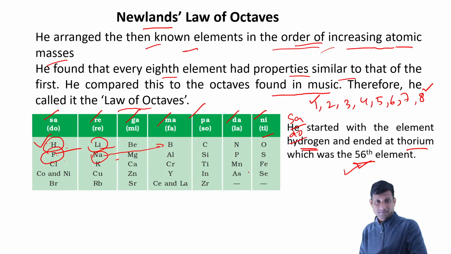So this is important. Like, what is the first element in Newlands' periodic table, or what is the last element? This is what he did, but it was not very successful.